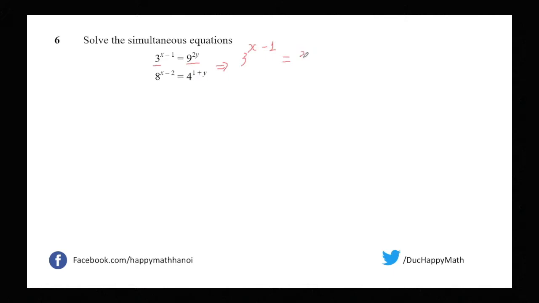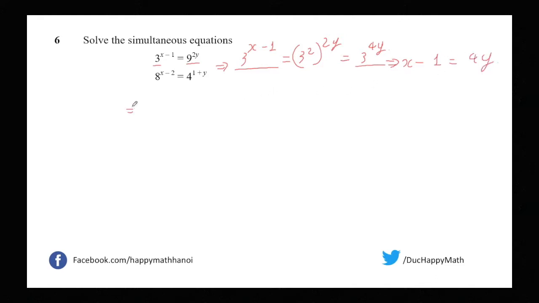It means 3 squared, and the outside is 2y, and it's also equal to 3 to the power of 4y. So you get the powers equal together, and they have the same base number. It means the powers have to be equal. It means x minus 1 equals 4y.